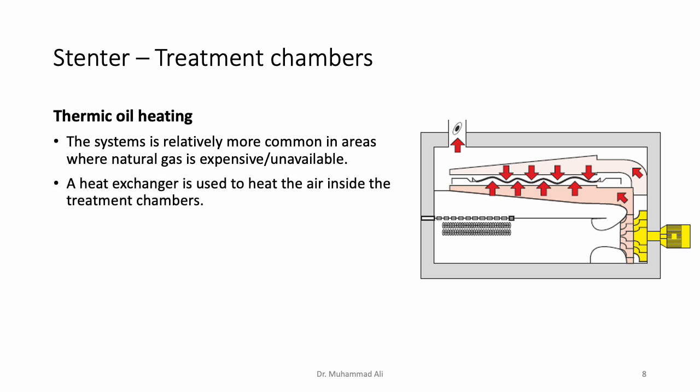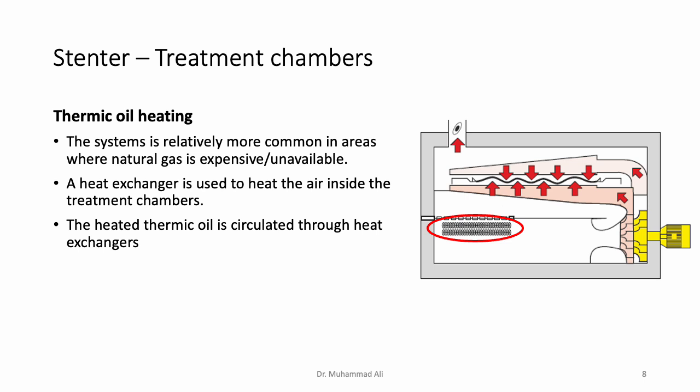In this system, instead of a gas burner, a heat exchanger is used to heat the air inside the treatment chamber. So, in exactly the same location where we would provide a gas burner in direct gas heating, we will provide a heat exchanger, as you can see over here, in thermic oil heating.